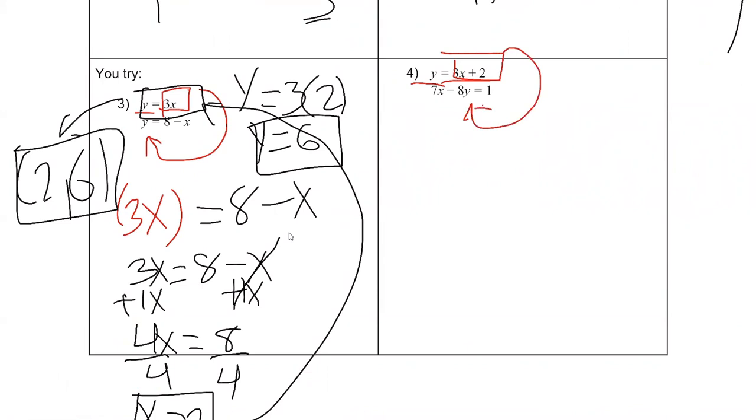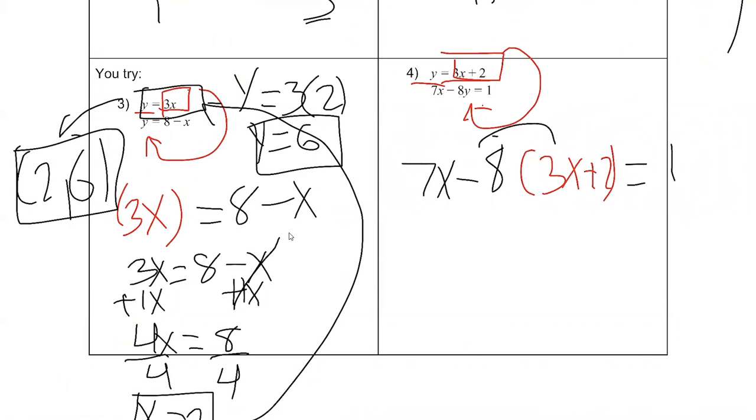So I'm going to have 7x minus 8, and then instead of a y, I'm going to plug in 3x plus 2. And it's going to equal 1. So we can solve this like we've seen. We're going to distribute. Just be careful, this minus is going to be distributed with it.